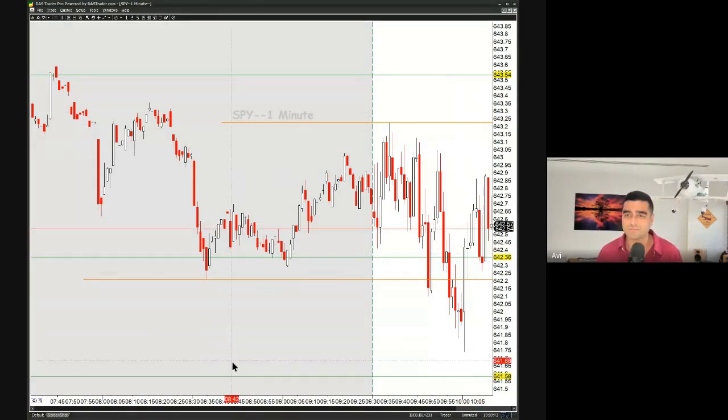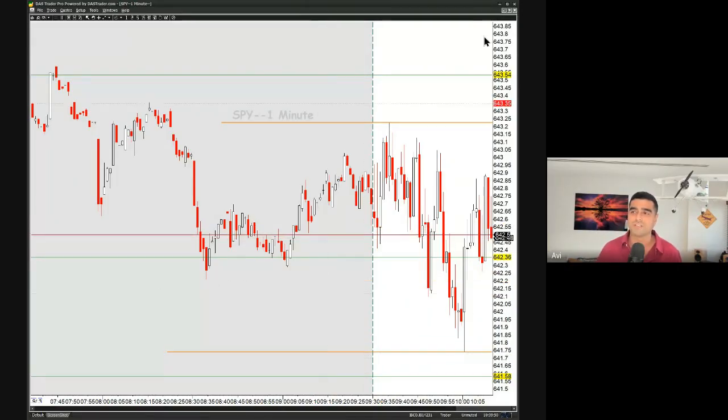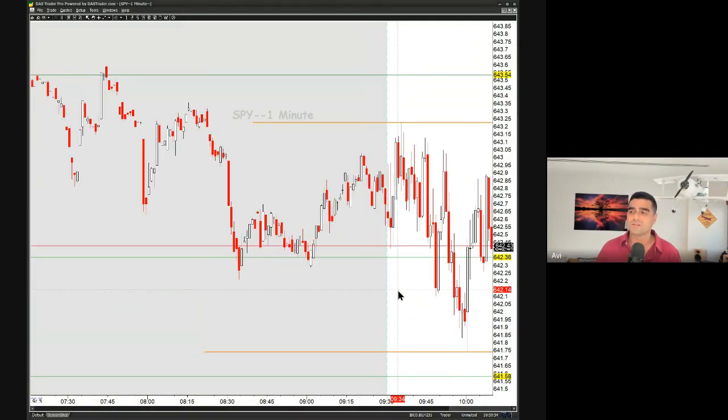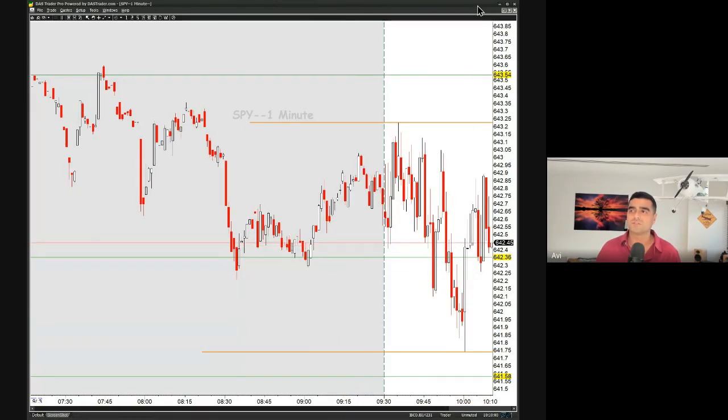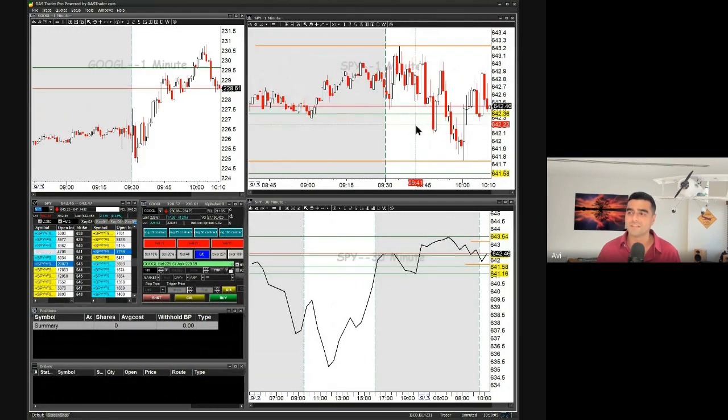I'm not so curious about the downside anymore. Actually, if anything, I should just put the level down there. Let's see if it gets to that pinpoint and breaks. So now inside of this zone, it's just messy, not really worth looking at. So just wait for it to get to one of these places. Again, I'm more interested in the long, but it's still early in the day. And yeah, we'll see what happens.